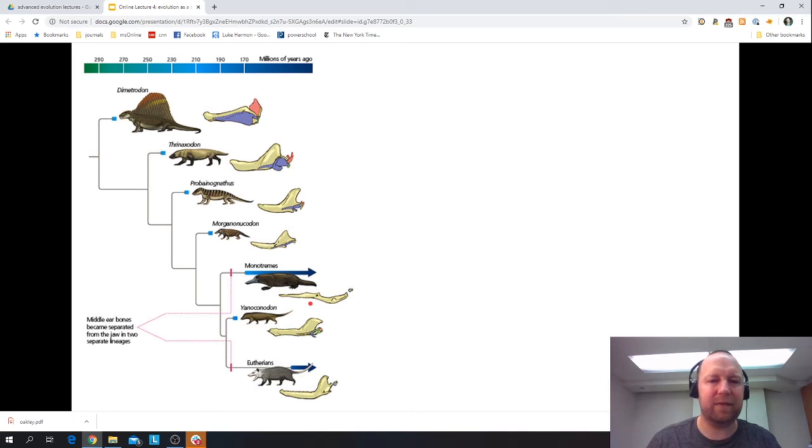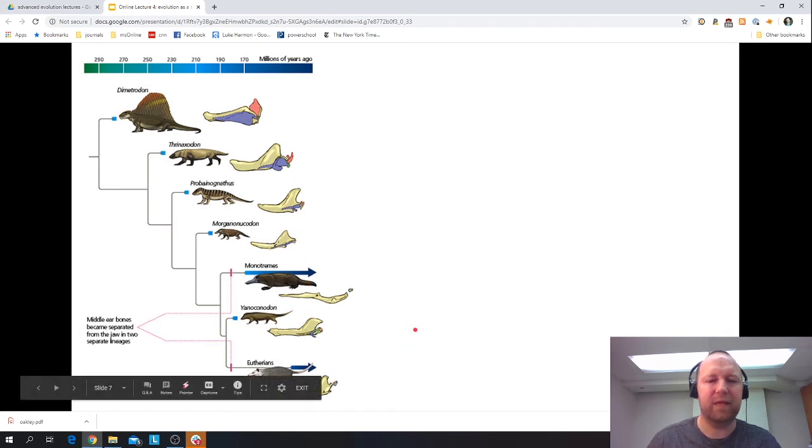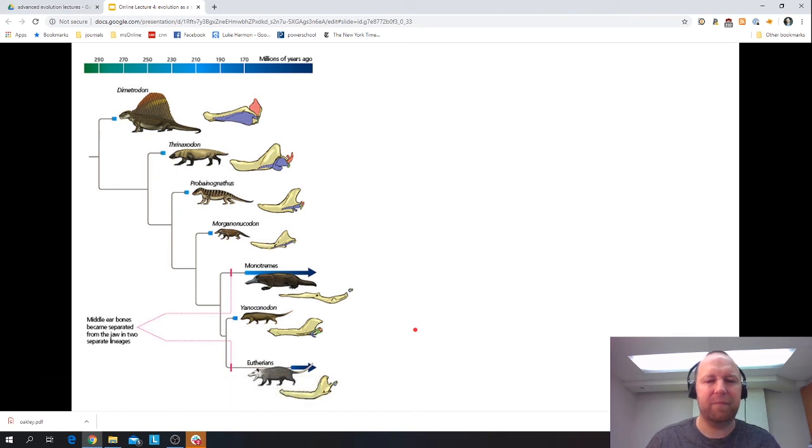And so the result of that tinkering is that we have these series of bones that early on in the evolutionary origins of mammals were large components of the jaw, but through evolutionary history became smaller and smaller and moved until now those bones make up the tiny bones that are inside our ear, critical for our hearing and completely separate from the jaw.